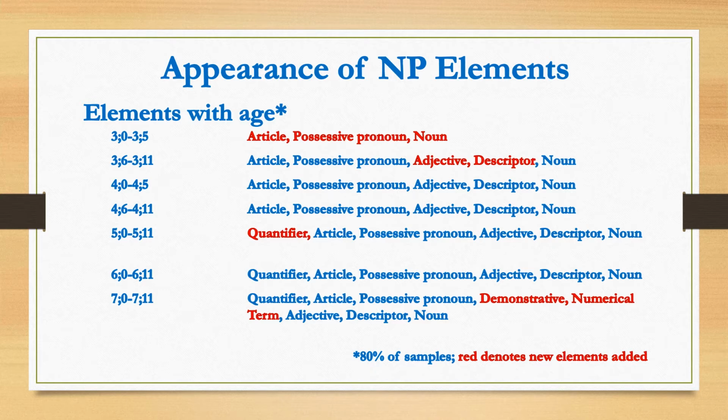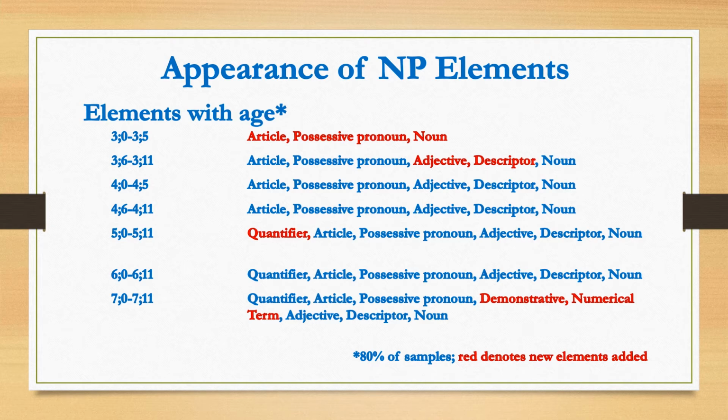Interestingly, once an element was acquired at one age, it continued to be used by 80% of the children at each age. At least 80% of our youngest group, age 3 to 3-5, used articles, possessive pronouns, and nouns or pronouns. By age 3-6 to 3-11, adjectives and descriptors were added. Nothing changed from age 4 to 4-11. 5-year-olds added quantifiers.